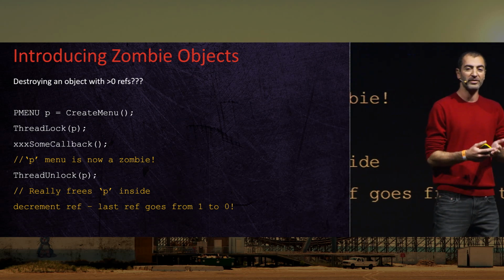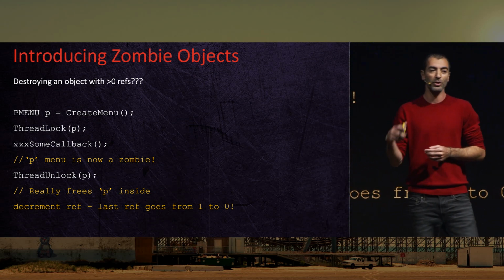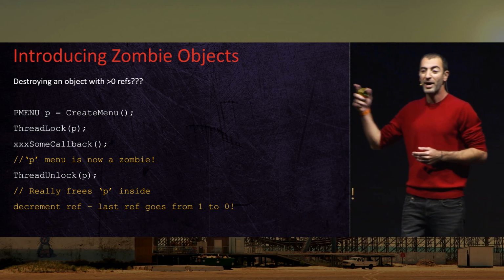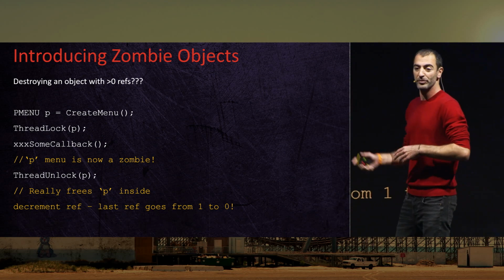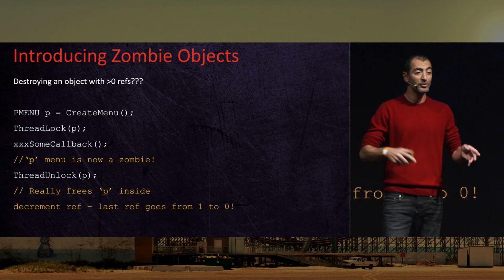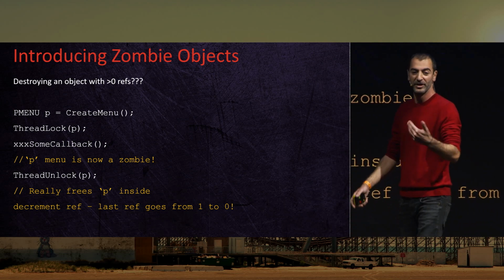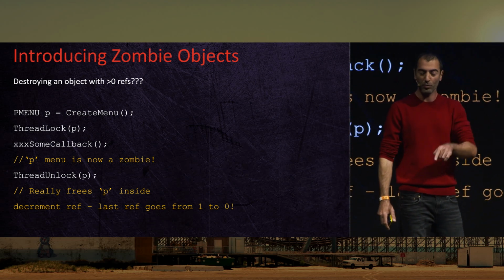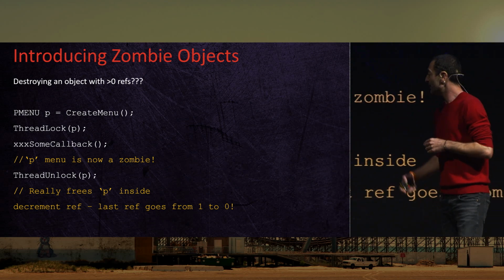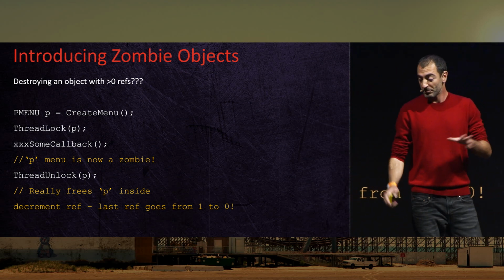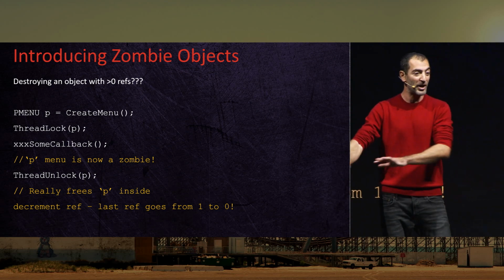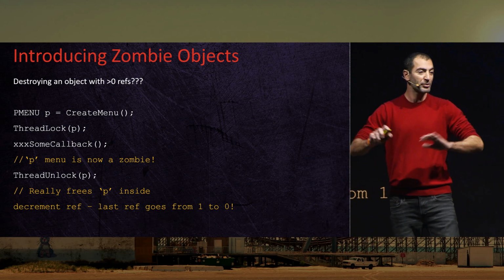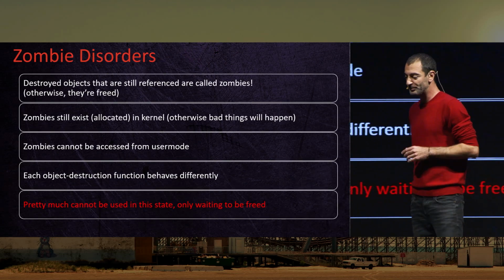So now what happens is the last reference count goes from 1 to 0, and the object was marked to be destroyed. So we try to destroy it. It's not going to be destroyed because there is a reference count. It's now 1. But in this line of code, it goes from 1 to 0, okay? And the problem is, actually, there is still no problem. So now everything is safe. P is going to be freed after the thread unlock. Nobody uses it, and we are good.